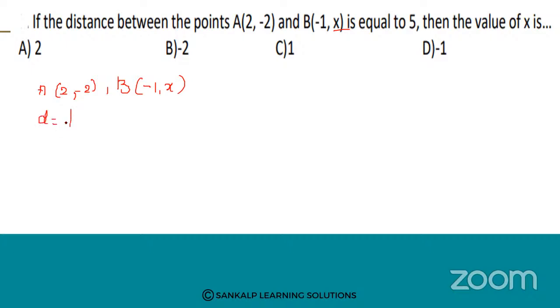D is equal to square root of (x2 minus x1) whole square plus (y2 minus y1) whole square. Right? So here this is x1 and this is y1, this is x2 and this is y2, right?